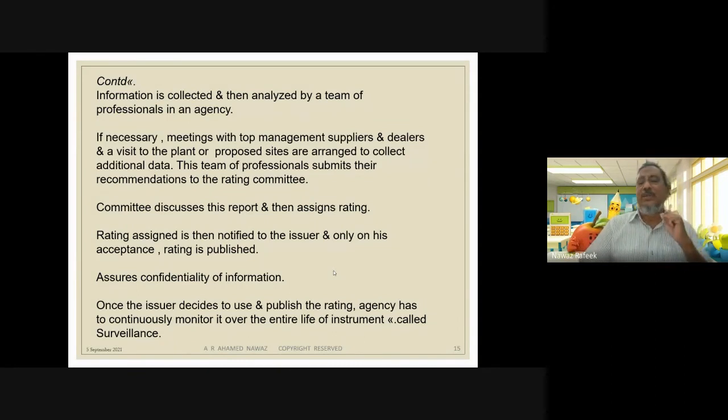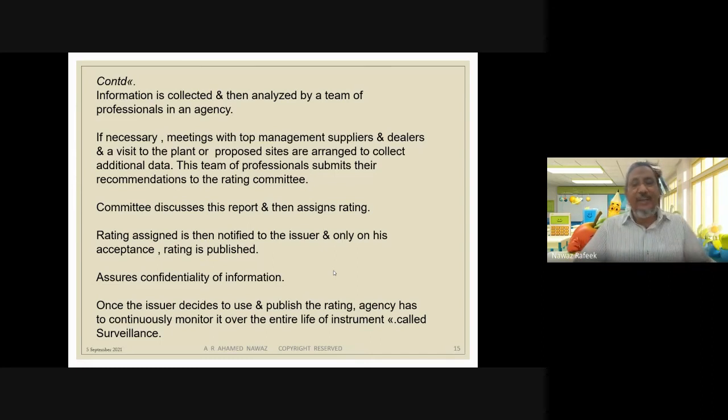They are responsible. If any investor invests in a company using these ratings and it goes bad, they can sue the rating company for giving an incorrect picture of the company. That's a risk. So rating agencies take high responsibility in assigning a rating. The rating assigned is then notified to the issuer, and only on acceptance is the rating published.